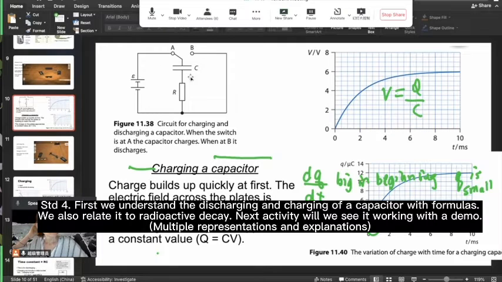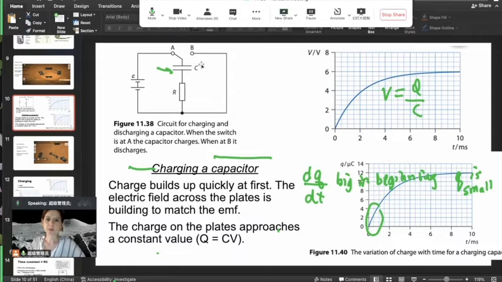When there's no electrons on the plate at the very, very beginning, the current, the change in Q, is going to be very large because they're going to be trying to balance out the electric field from the battery. The electrons are going to be rushing to balance out this positive and negative. But then the amount of Q is going to increase, so the effect is not as big anymore. So the change in Q is going to become less. It's not changing as quickly as in the beginning.